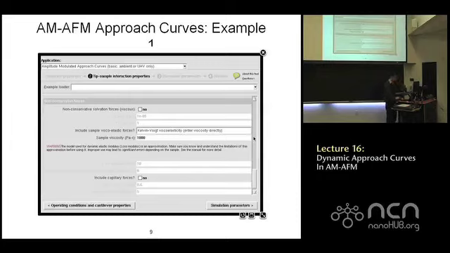Okay, so let's do a second example here. Let's keep that simulation active, or actually, if you haven't, clear the simulation and redo it for amplitude ratio. While you're doing that, we're going to want to run a second simulation subsequently. Here we're going to go to tip sample interaction properties, and we're going to make this interaction non-conservative. What we do is we add a viscoelastic component of the interaction, and that's modeled by a Kelvin-Voigt interaction.